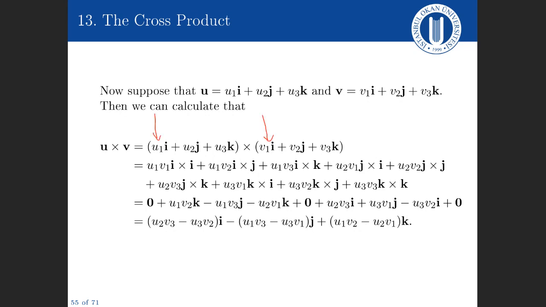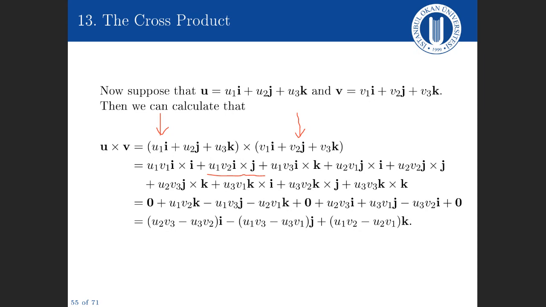First we do the first ones. U1, V1, and then I cross I. Then first one and second one.